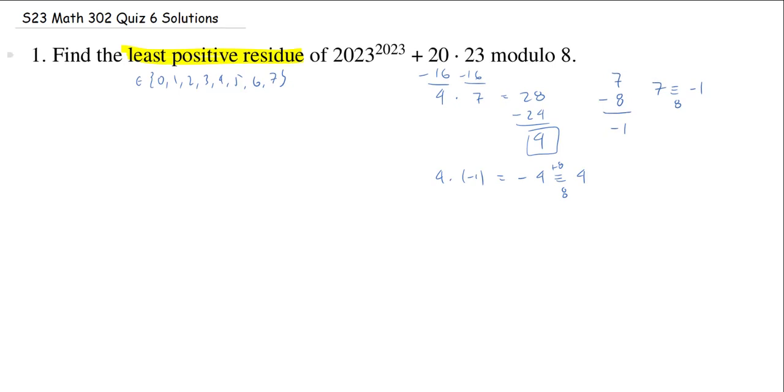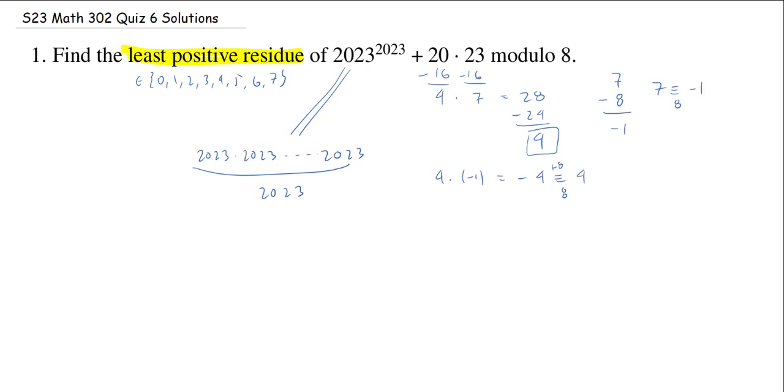Now, one thing that a lot of people might mistakenly do is reduce both the 2023 as the base and the 2023 as the exponent. And that we're not allowed to do. The important thing here is that this means 2023 times 2023 times 2023, 2023 times.